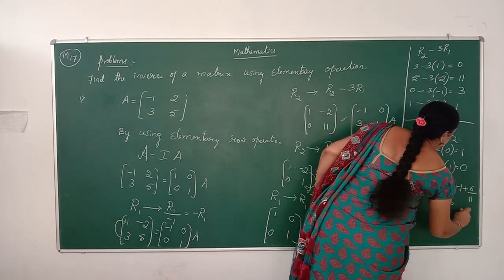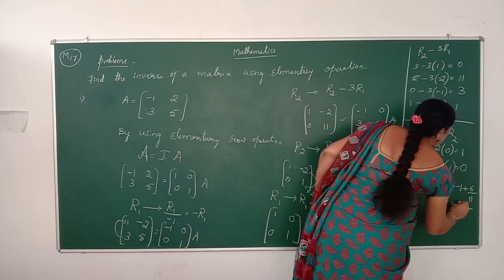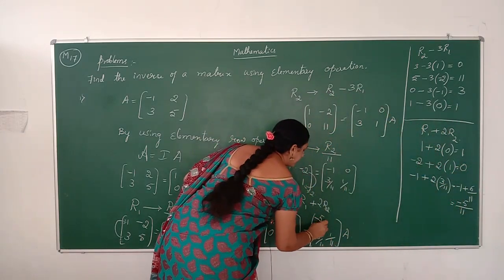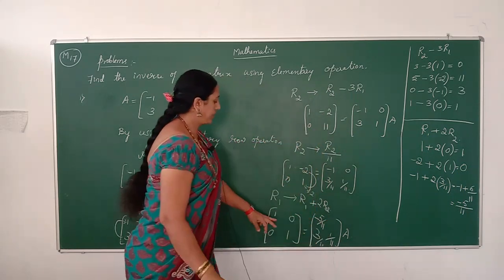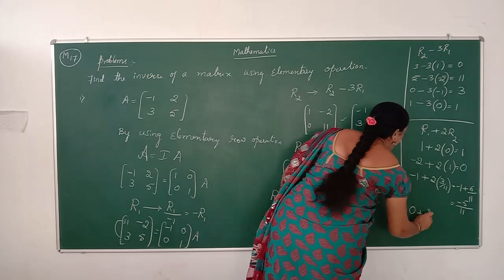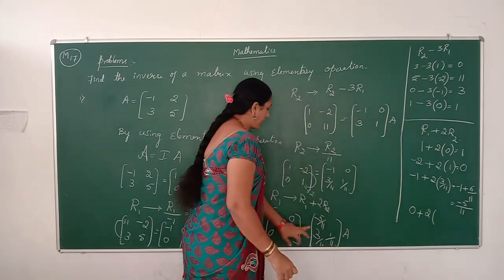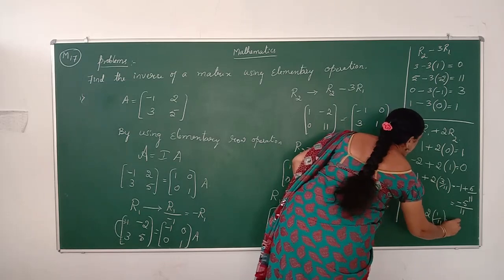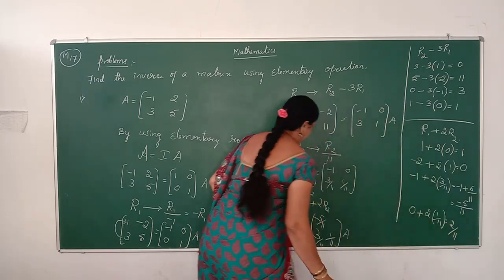Get an LCM. Minus 11 plus 6 is minus 5 divided by 11. Similarly, the last element of R1 is 0 plus 2 times R2, which is 1 divided by 11. That is nothing but 2 divided by 11.